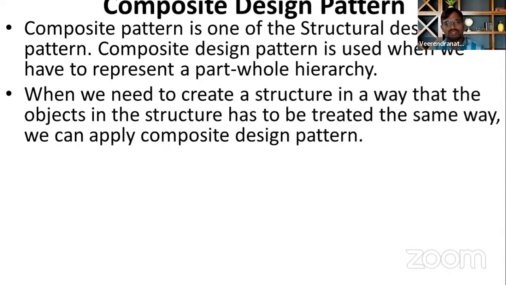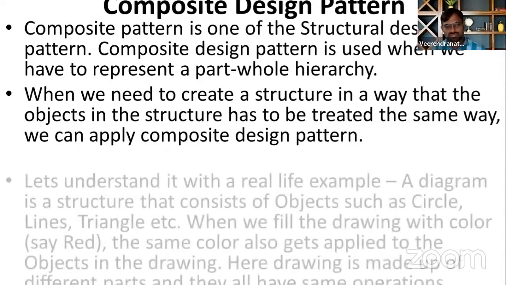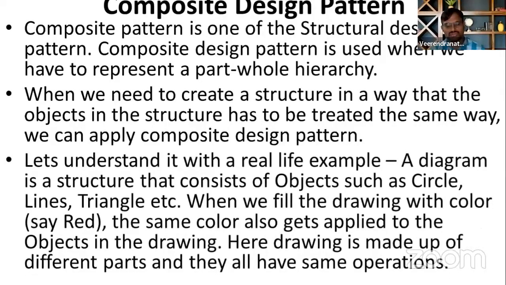Whenever you go for the composite design pattern, you are going to use the concept of composition. Composition is a has-a relationship, not a hierarchical one. Composition and aggregation are other names for the has-a relationship, whereas the is-a relationship is the inheritance relationship.